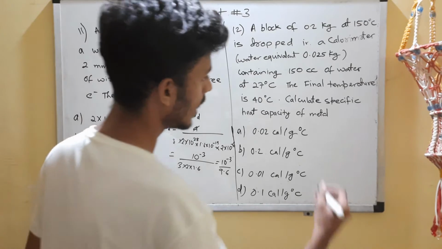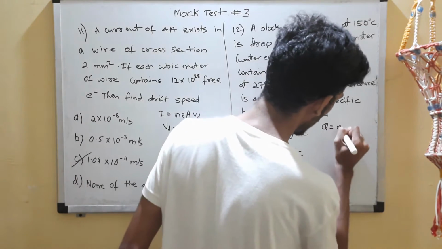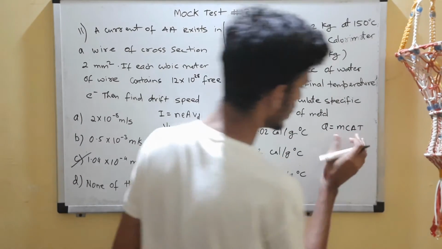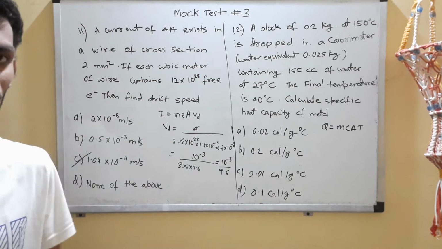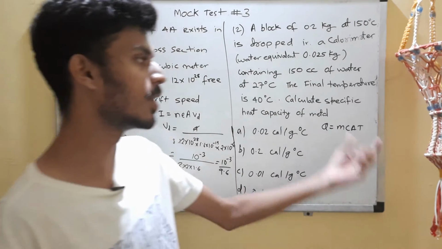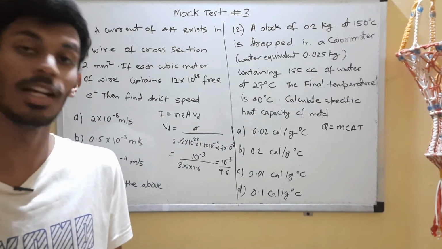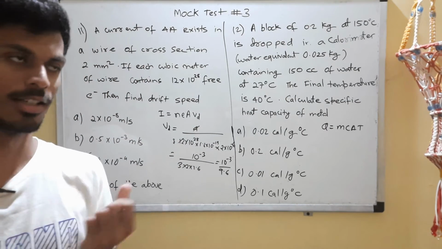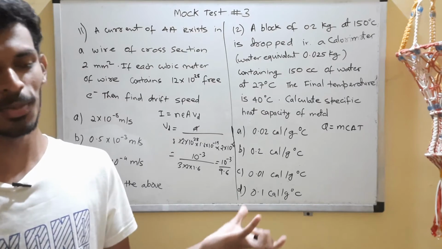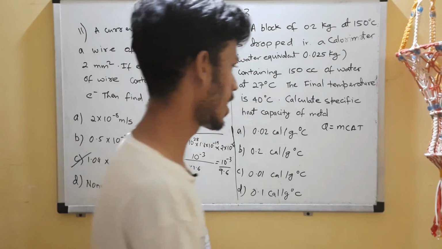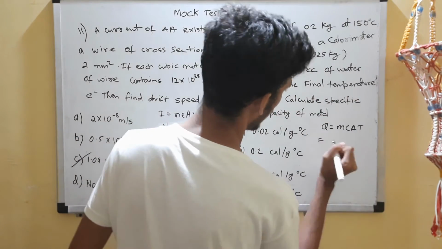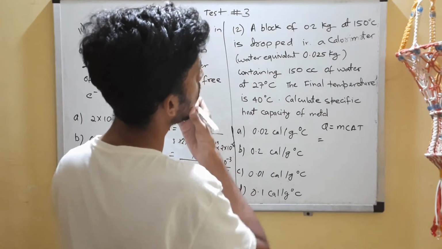So first of all, we'll write Q equals mc delta T for the block. This is the amount of heat that is lost by the block, right? We'll also write Q equals mc delta T for the calorimeter. That is the amount of heat absorbed by the calorimeter. These two heats will be equal, assuming that there is no loss to the surrounding, right? So for the block, you can write it as m, 0.2 kgs.